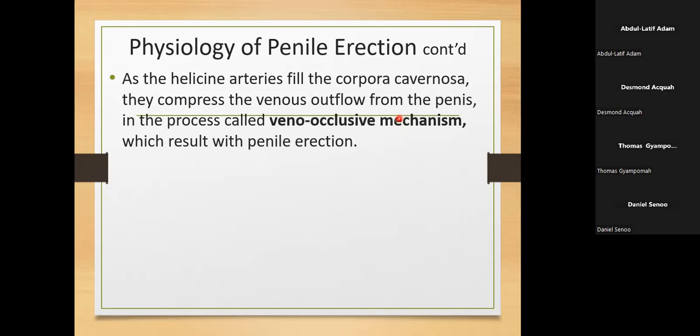And once that happens, they cause venous occlusion, which will result in the engorgement. So for this thing to happen, the inflow should be encouraged, outflow should be discouraged. That's all.